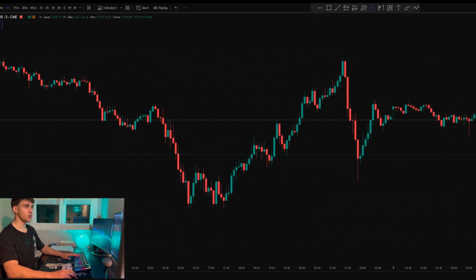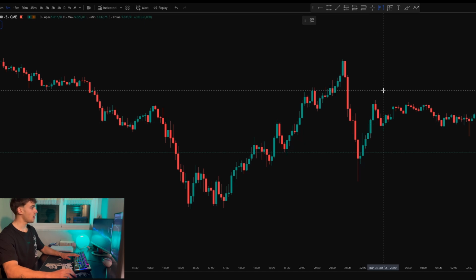Okay, so now I'm gonna show you some real life examples, trades that really happened on the market. We are on the S&P 500 future and we're gonna use, for example, this chart right here. As you can see, this positive impulse happened, then a big retracement, and then the market bounced off.